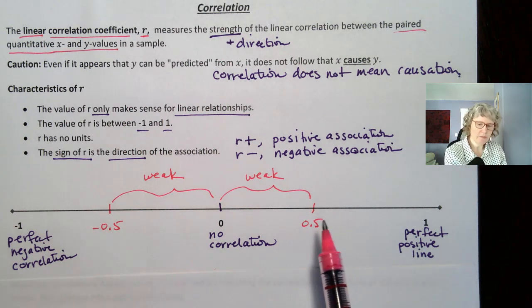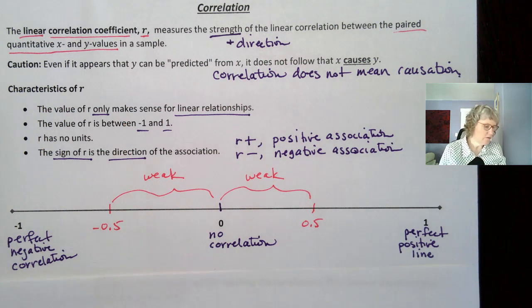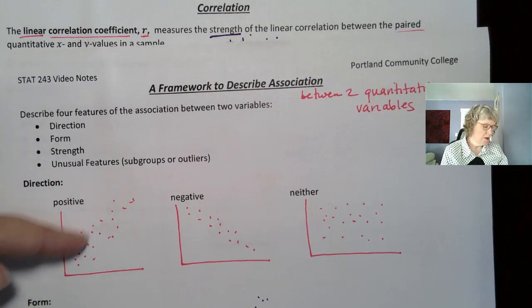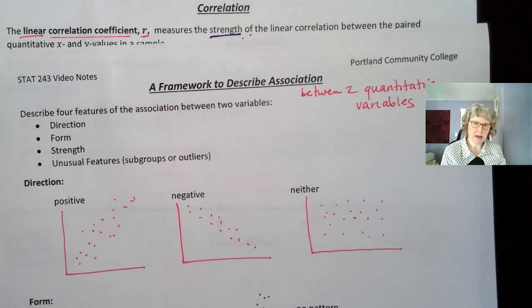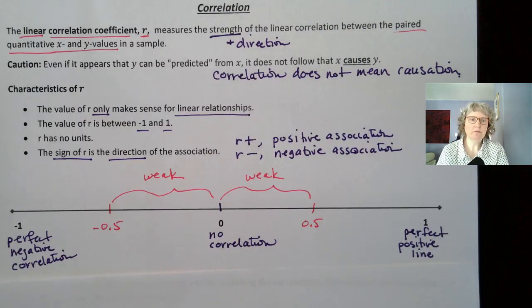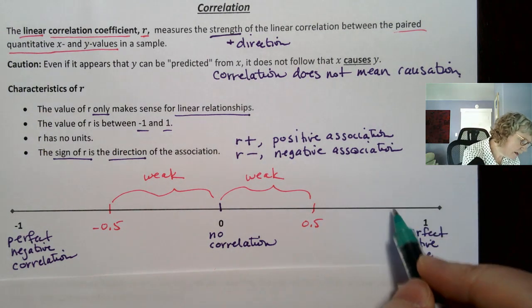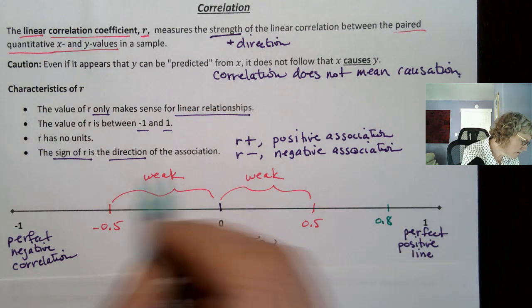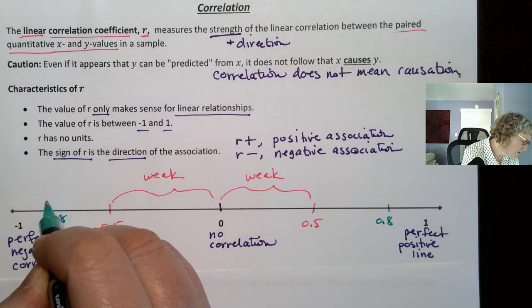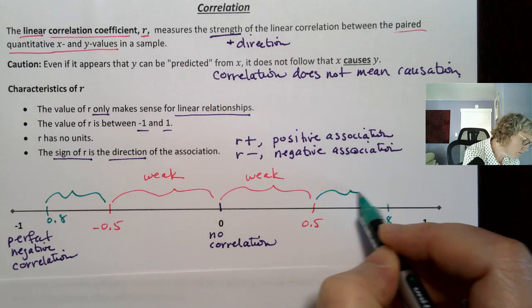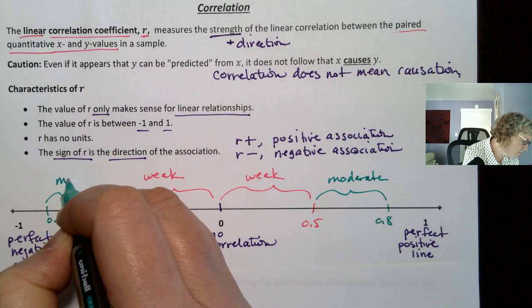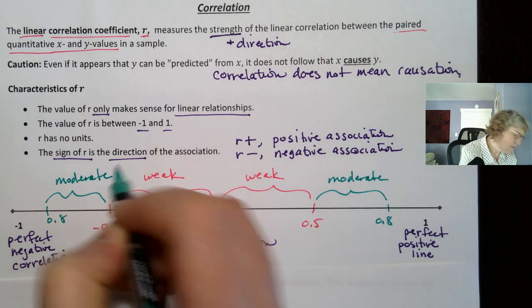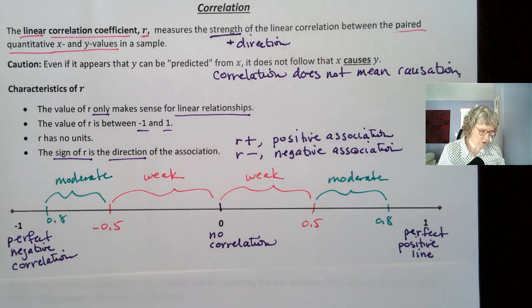It just means that for one, the points are going up, and for the other, the points are going down. This one would have a positive correlation, and this one would have a negative correlation, where the points are going down from left to right. The next guideline I've heard is roughly 0.8, which is a moderate strength or moderate correlation.